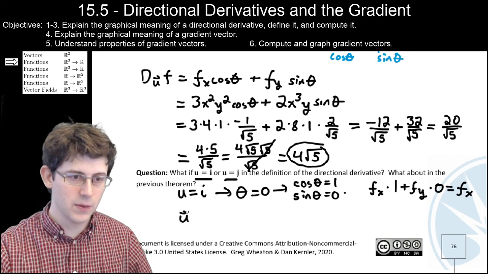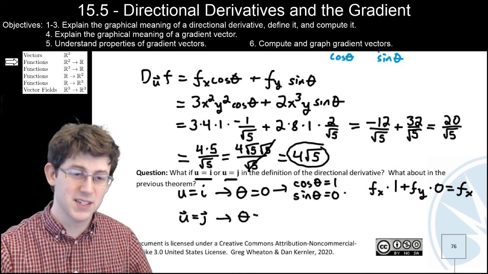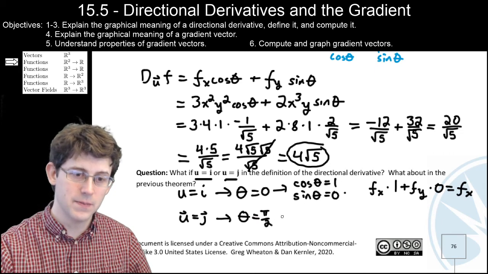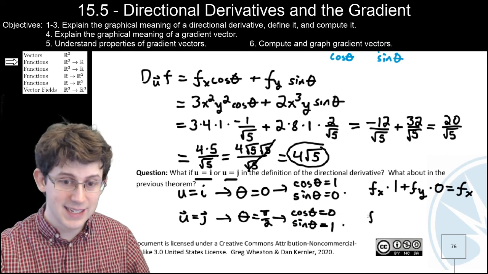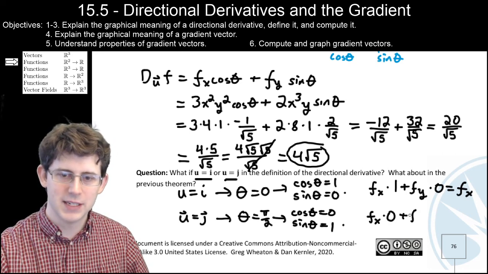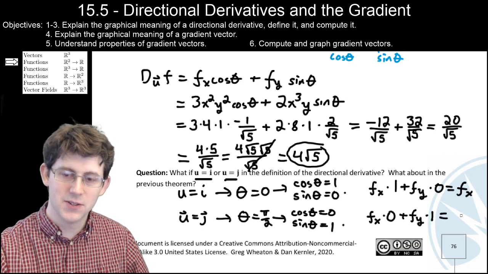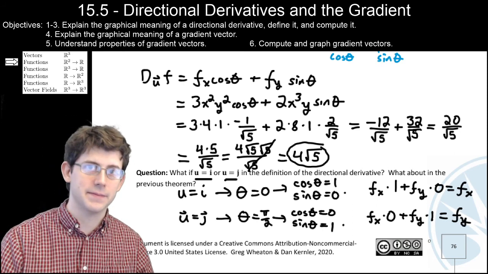If you instead go in the y direction, in the direction j, well, the direction j has angle pi over 2, so you'll get cosine theta is 0 and sine theta is 1. And then when you apply the formula for the directional derivative, you'll get fx times 0 plus fy times 1, and so you will still get the y partial derivative as you should.